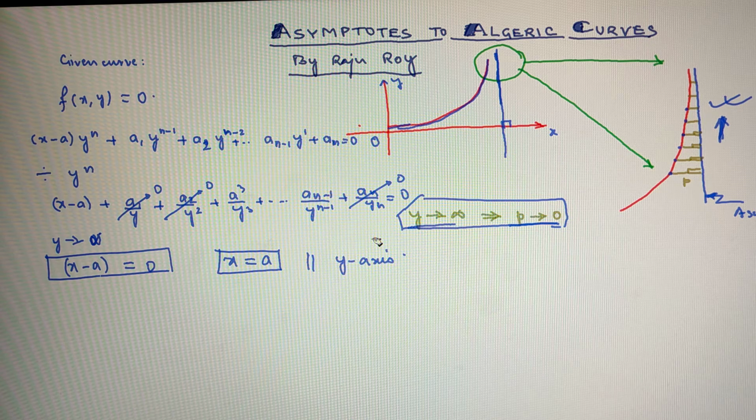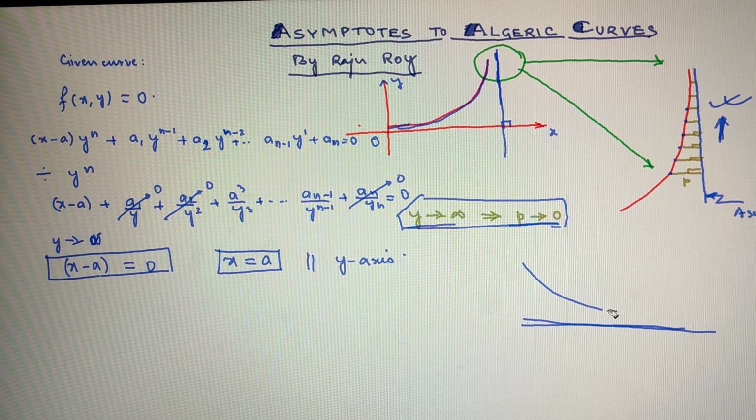Next, if I take a curve like this with this asymptote, and you have the curve like this, then if I follow the same procedure I will get y is equal to a constant, which will be parallel to the x-axis.